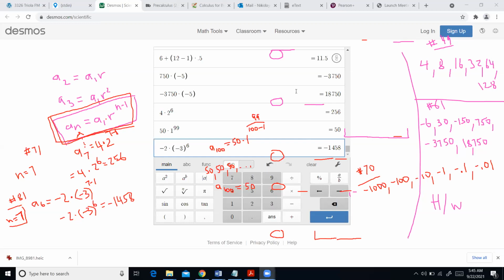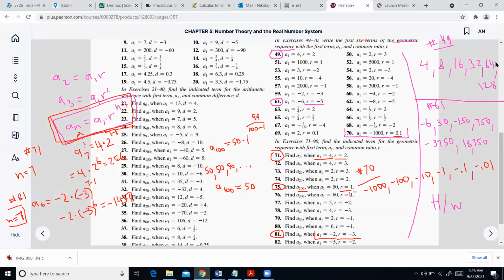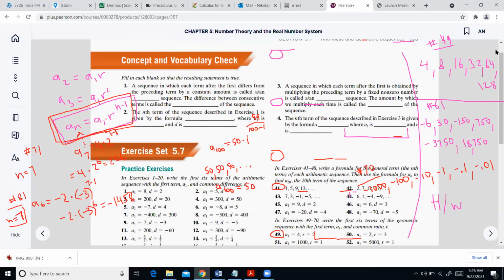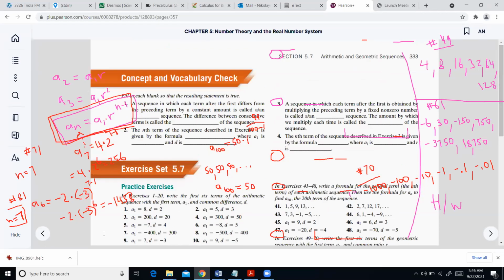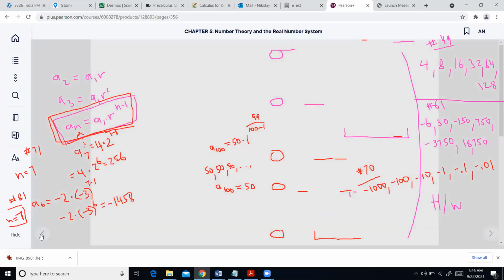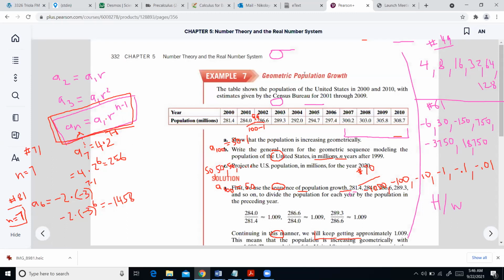1458. So there's two kinds of sequences, arithmetic and geometric sequences, utilized in this chapter. And sometimes in real life situations, you encounter those, and that's why they're actually talking about this.